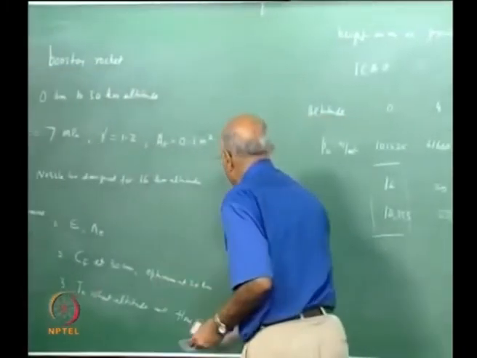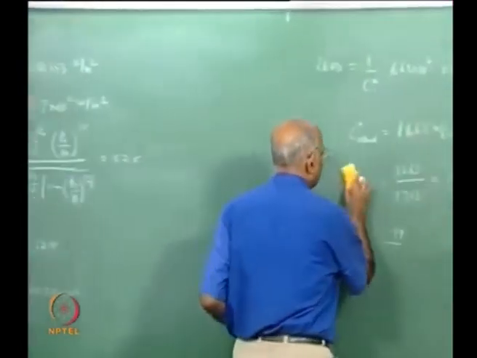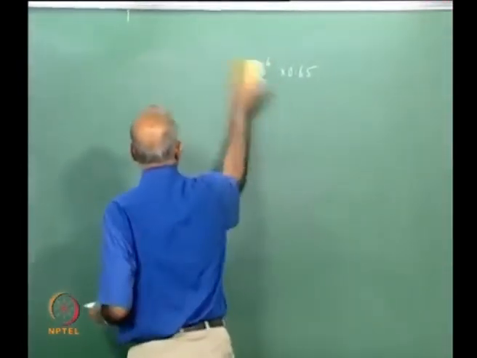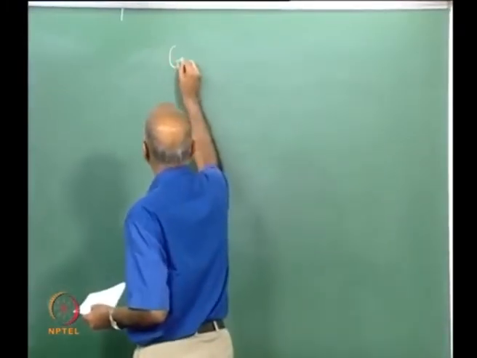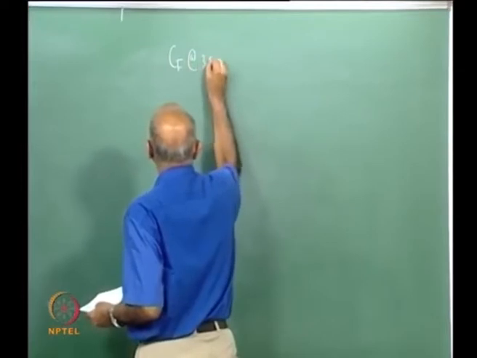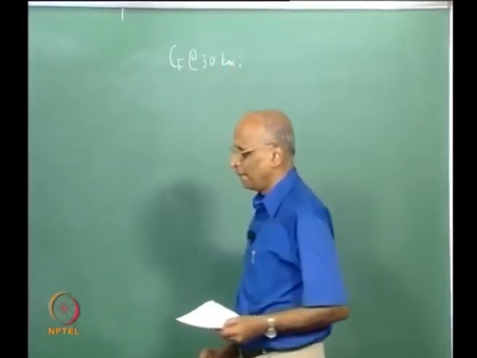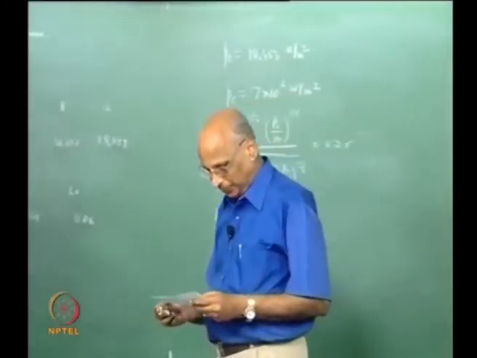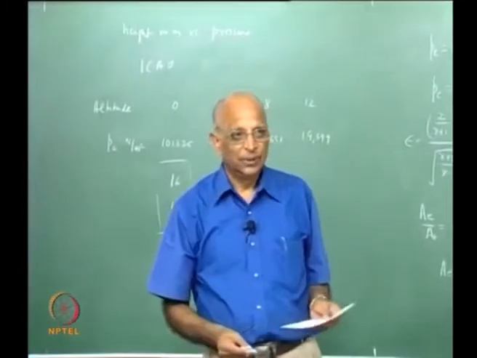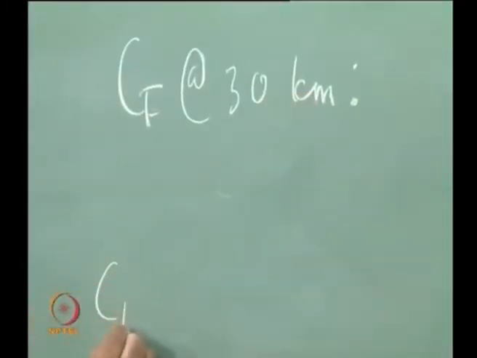CF at 30 kilometers, how do I evaluate it? What will be involved in this? We had derived the expression for CF, let us go back and take a look at it.